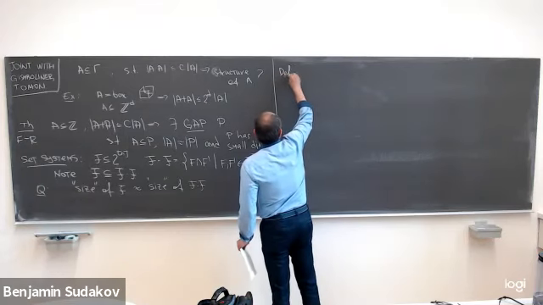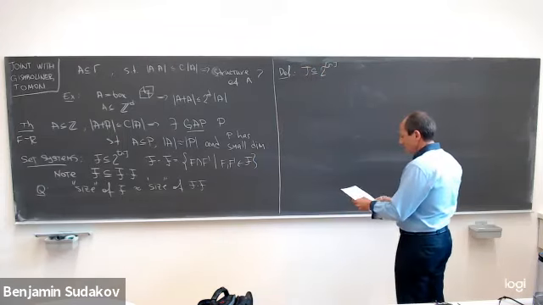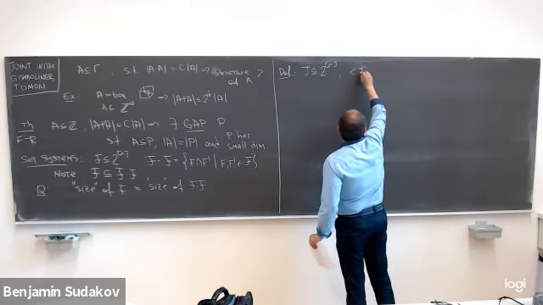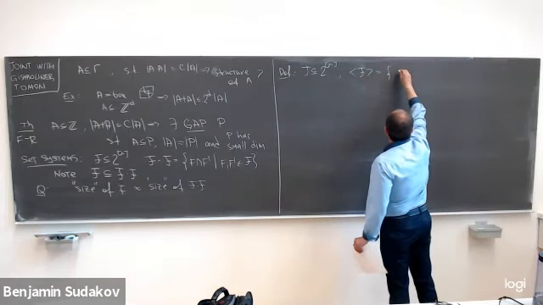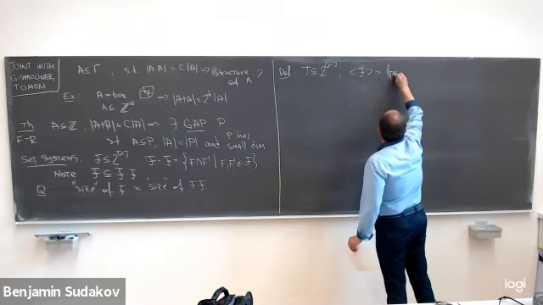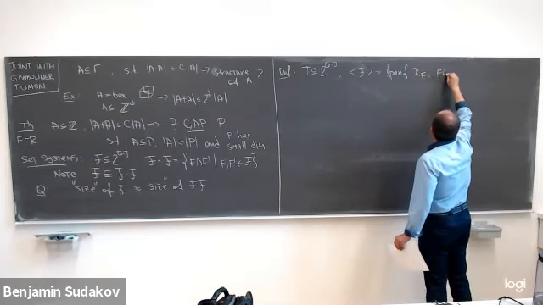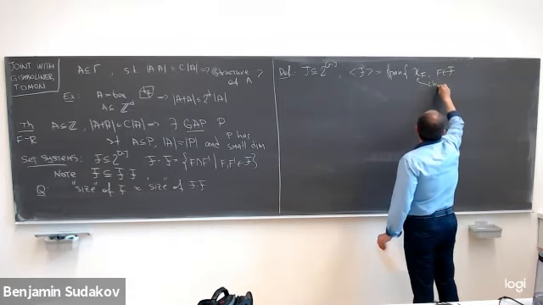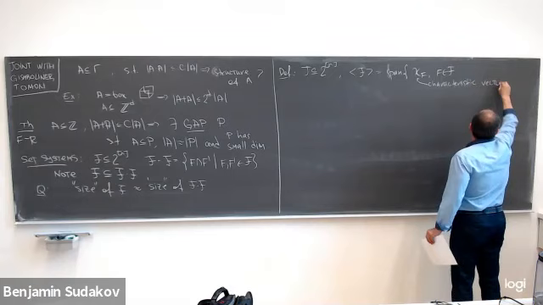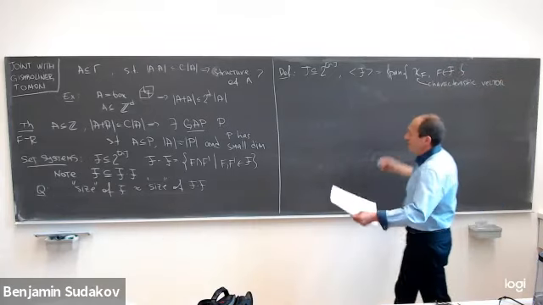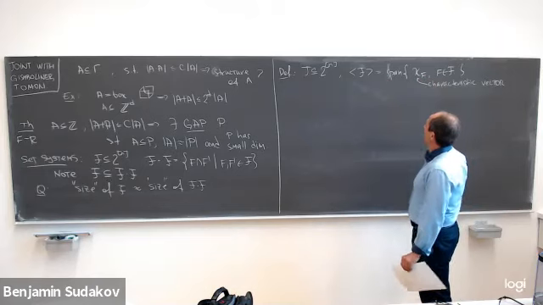Given a set family F of subsets of an n element set, I define a vector space, which I denote by span of F. This is the span of all characteristic vectors of elements of F. The characteristic vector is a vector of length n which has ones precisely on the elements which belong to the set.